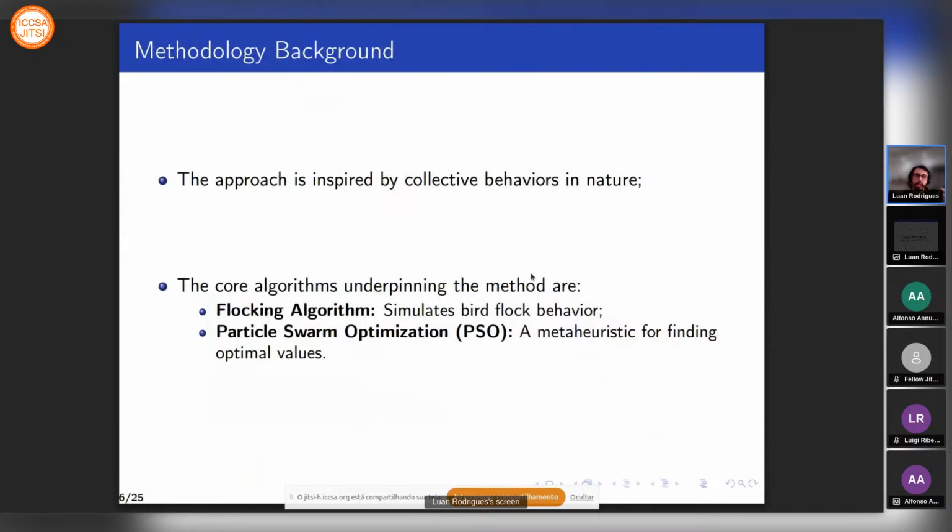Because of the objective of low computational cost, we chose methods like the flocking algorithm and the particle swarm optimization.